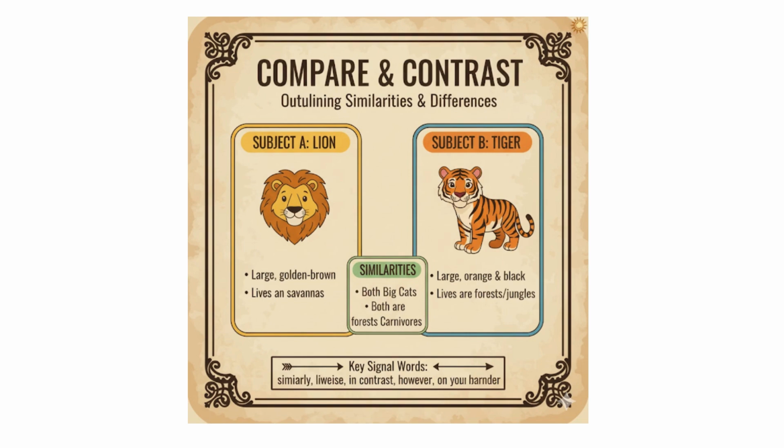They're both big cats, and they're both carnivores, which means they both eat meat. However, some ways they're different is a lion is large and golden brown, while a tiger is orange and black.